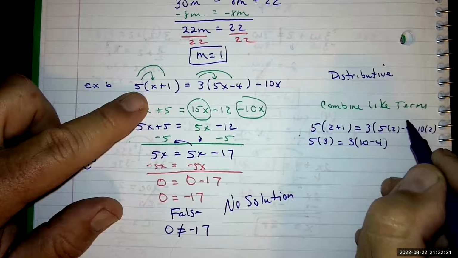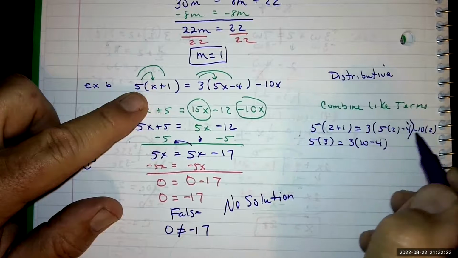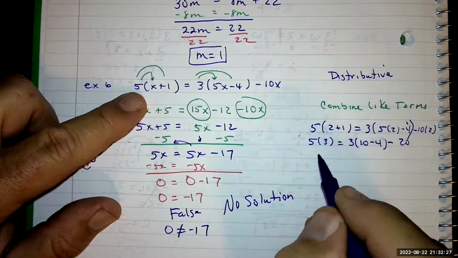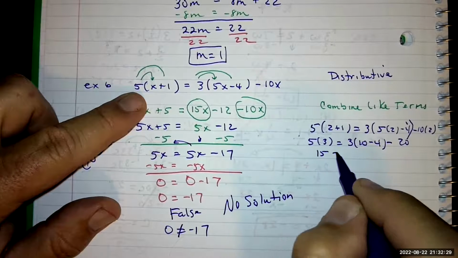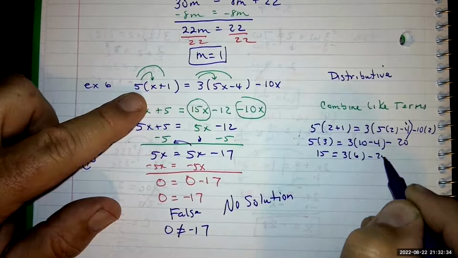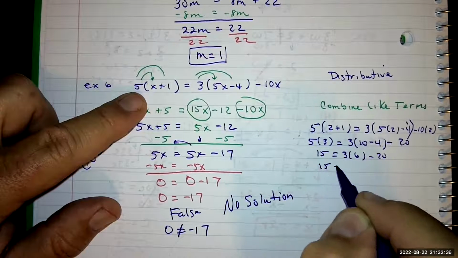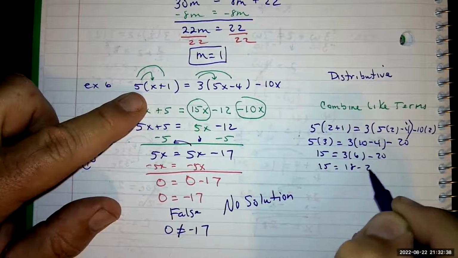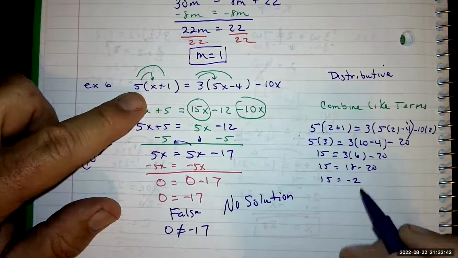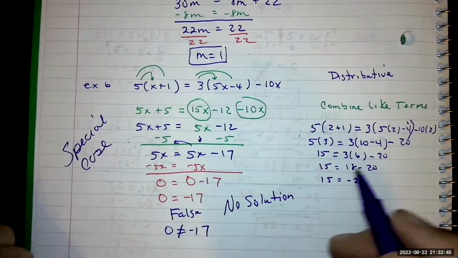I forgot to put the parentheses here. All right, parentheses, and then this is going to be minus 20. So all I'm doing is just doing the math work. 15 equals, this is 3, that's 6, that's minus 20. 15 equals 18 minus 20. 15 equals negative 2. And 15 doesn't equal negative 2.